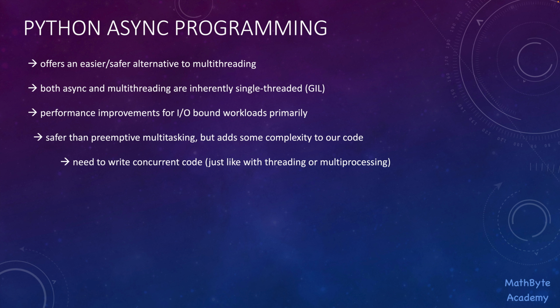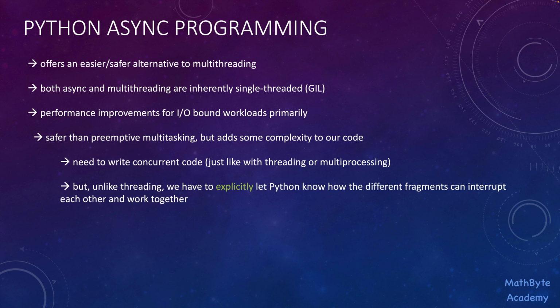So we need to write concurrent code, of course, just like we did with multithreading or even multiprocessing, right? You need to take your algorithm and make it into a concurrent algorithm, but that's conceptual. But unlike threading, we have to explicitly let Python know how the different fragments can interrupt each other and work together. So this adds a little bit of complexity because now we have to deal with blocking versus non-blocking code.